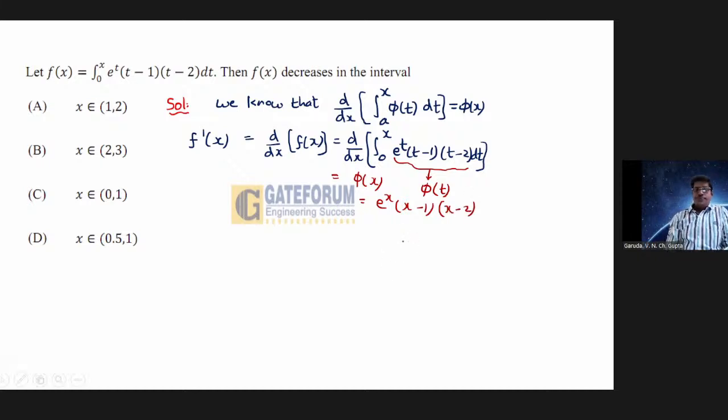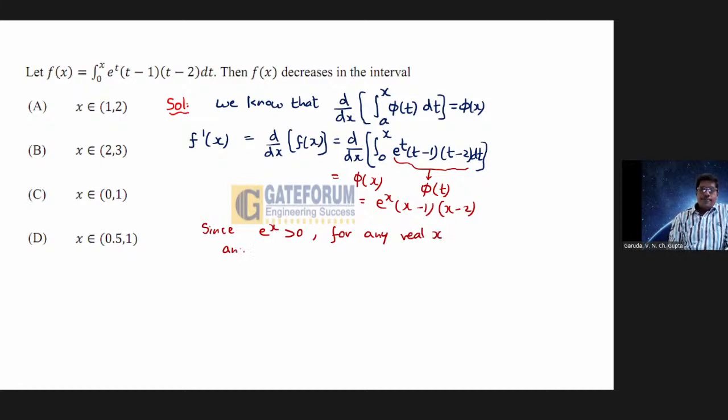So, since e power x is greater than 0 for any real x, am I correct or not? Exponential function is always greater than 0.